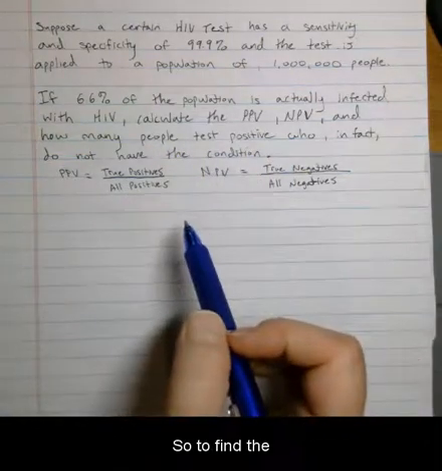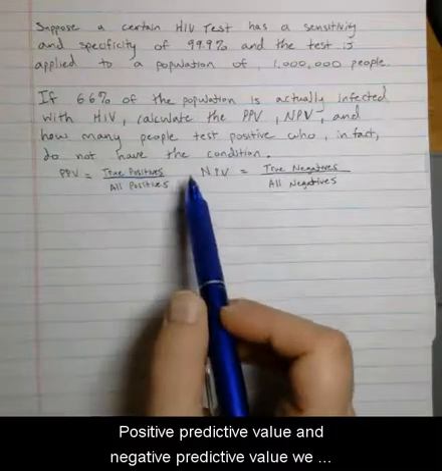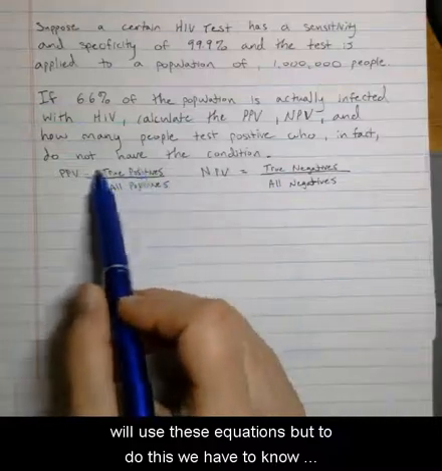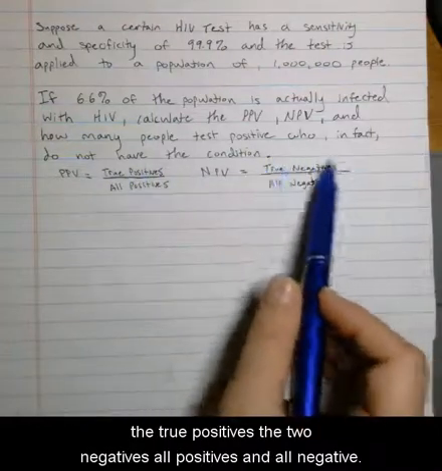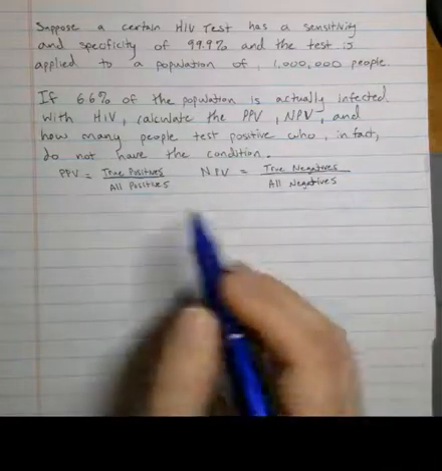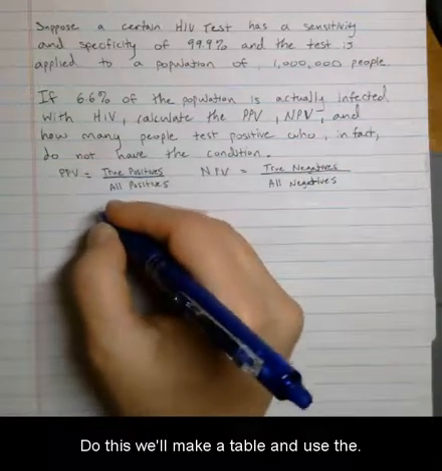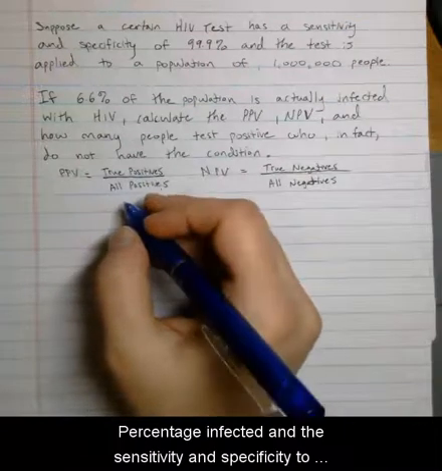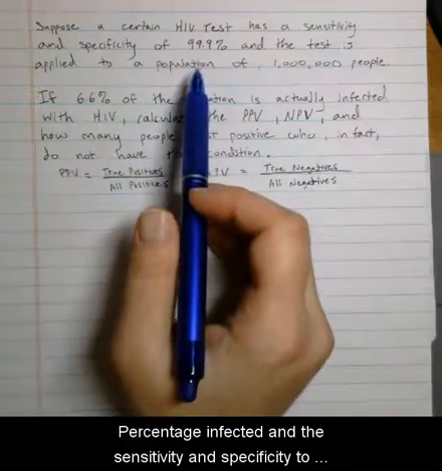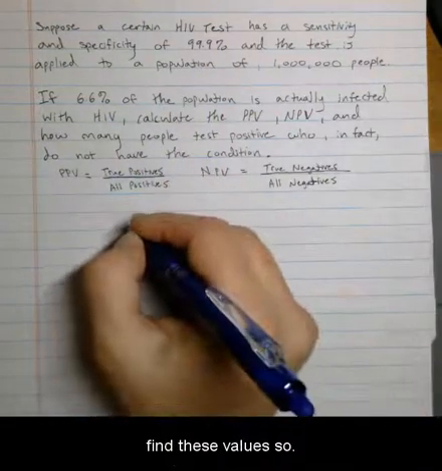So to find the positive predictive value and the negative predictive value, we'll use these equations. But to do this, we have to know the true positives, the true negatives, all positives, and all negatives. To do this, we'll make a table and use the percentage infected and the sensitivity and specificity to find these values.